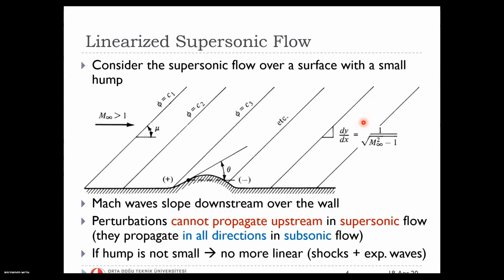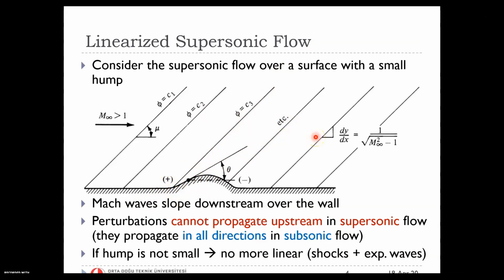We see that any disturbance at the wall will only propagate downstream, and its effect will be limited to the region of the flow downstream of the Mach wave that's emanating from the point of disturbance. So the effect of the disturbance you generate here will only be felt downstream of this Mach wave.